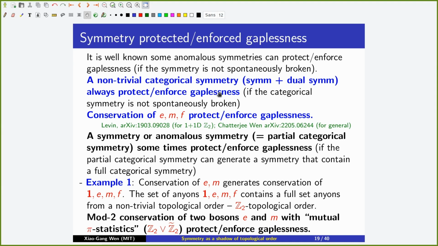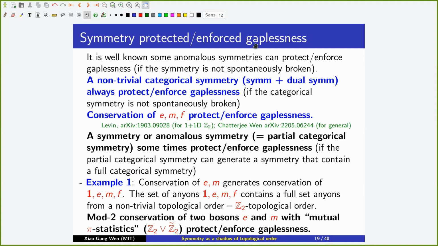So in our example, we have this E, M, F, three particles. If we have Z2 conservation of all three, and all three are not spontaneously broken, then this must be gapless. Okay. So this is a very general way to understand symmetry-enforced gaplessness.